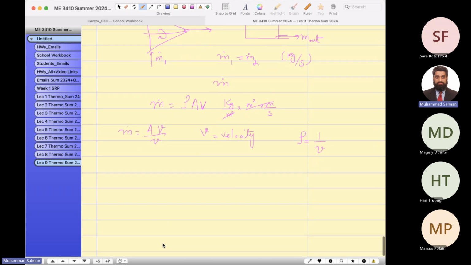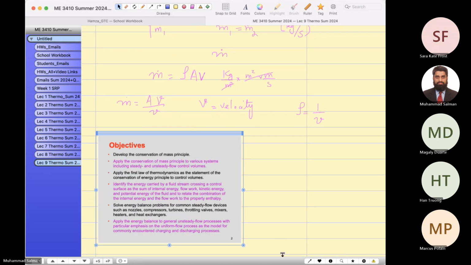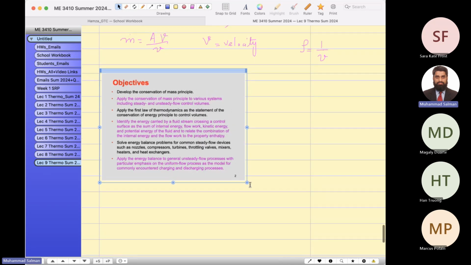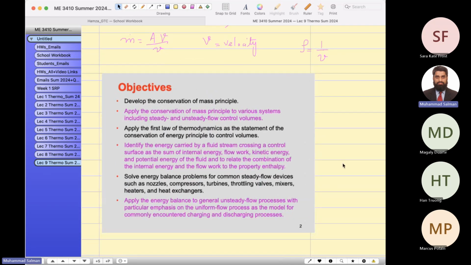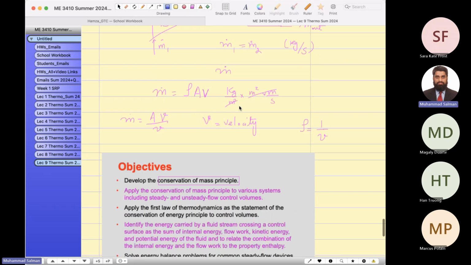So let us try to understand this slide by slide. Now, the objectives: after you learn this chapter, you will be able to understand the conservation of mass principle, that mass remains conserved.